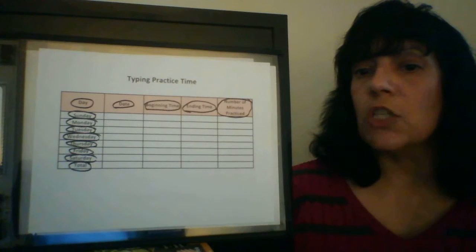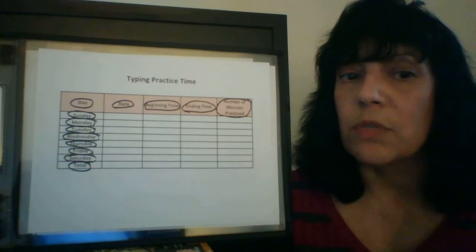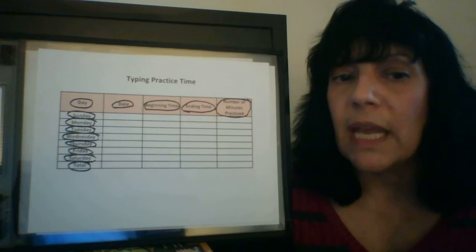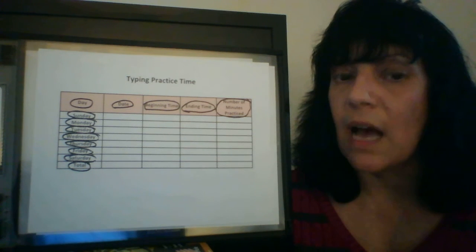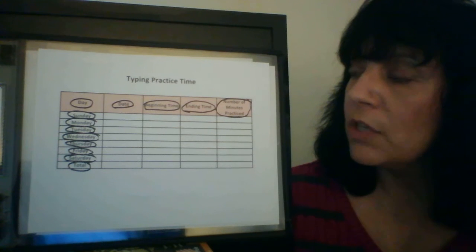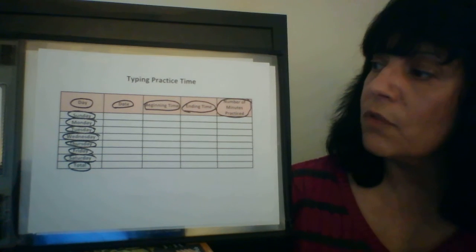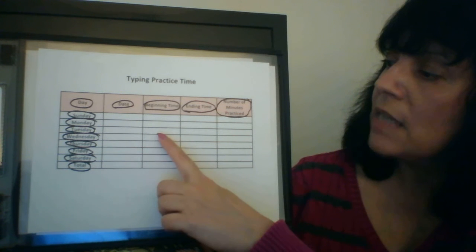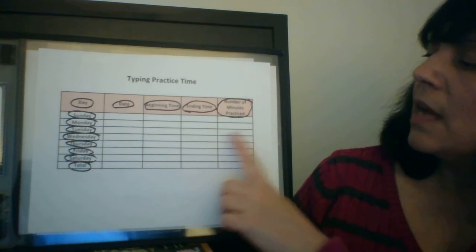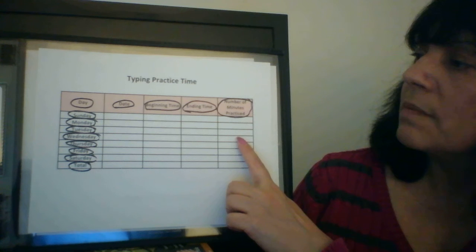Now, each of the columns and each of the rows needs a label. The label describes or tells the reader what is contained in that column or that row. The student has chosen the following labels for the columns. We have day, date, beginning time, ending time, and number of minutes practiced.